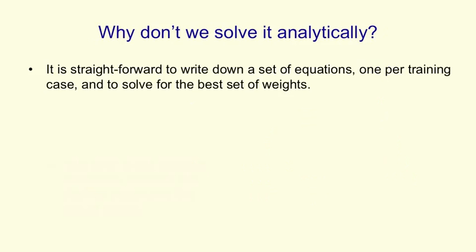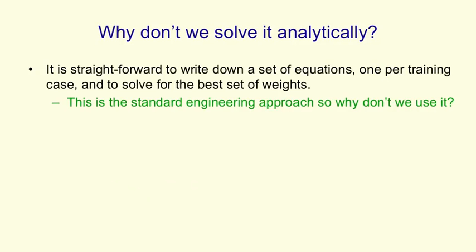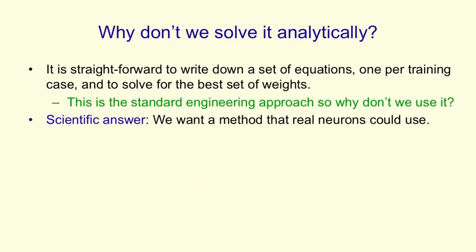So one question is, why don't we just solve it analytically? It's straightforward to write down a set of equations, with one equation per training case, and to solve for the best set of weights. That's the standard engineering approach, and so why don't we use it? The first answer, and the scientific answer, is we'd like to understand what real neurons might be doing, and they're probably not solving a set of equations symbolically.